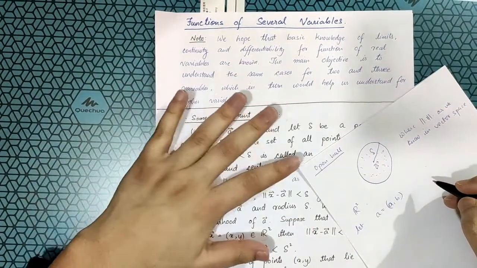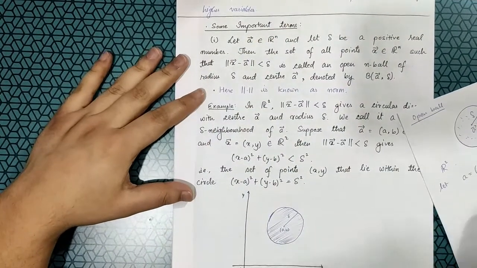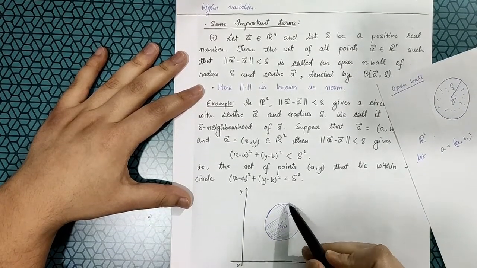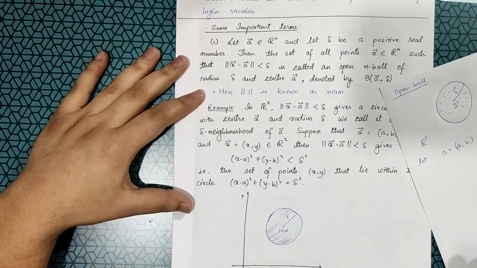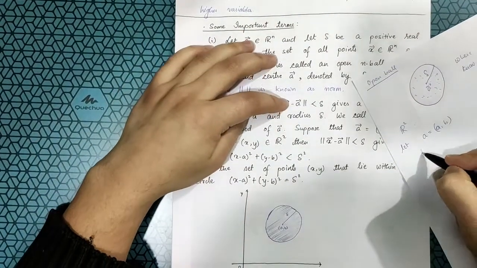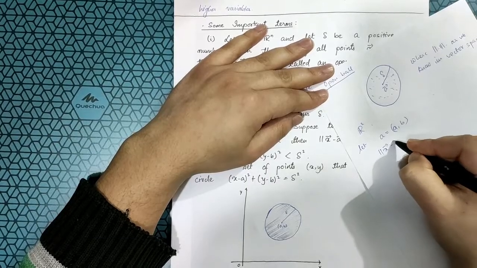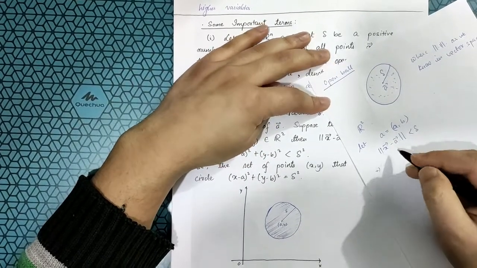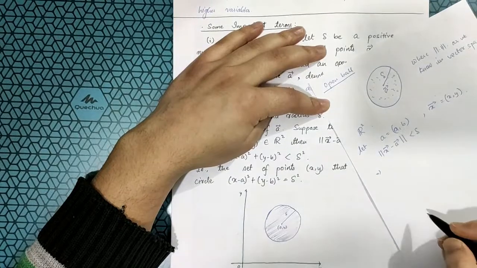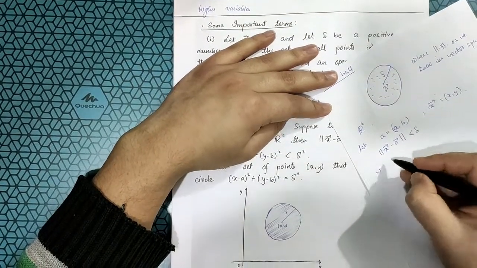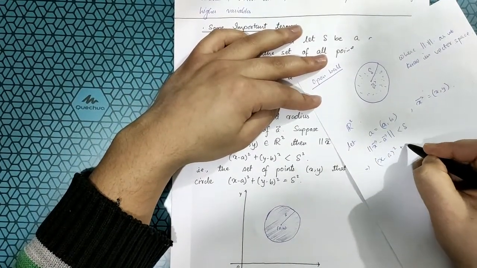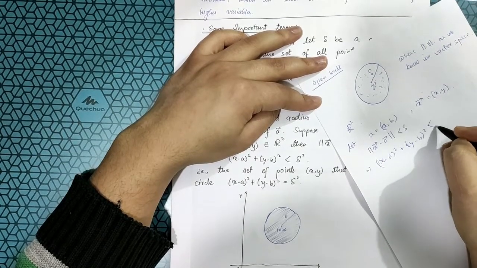Then an open ball can be defined by all those points which are in the ball of delta neighborhood of A. And basically when we use the norm definition, norm x minus A less than delta, where A is this and x is any (x, y) in tuple, so we have the norm definition: (x minus a) whole square plus (y minus b) whole square less than delta square.